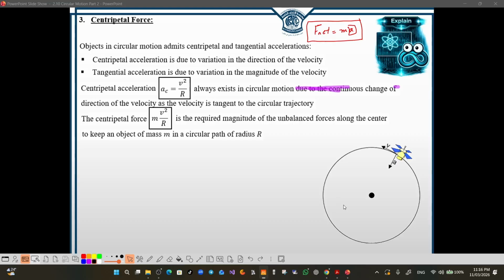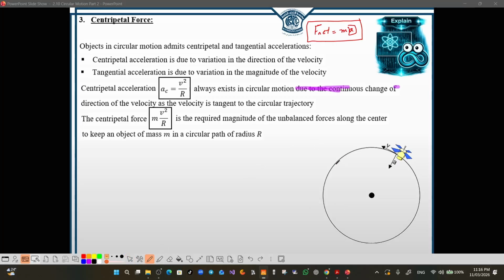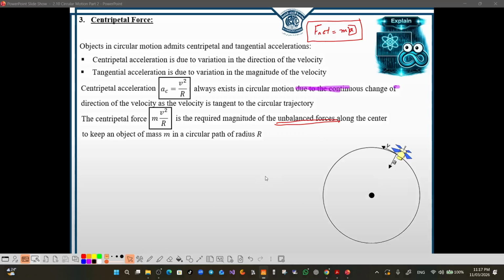And the answer is yes. This force is promoted to be the centripetal force, and this force is a collection. It can be a collection of forces, and these forces are unbalanced. This is the relation between these forces. So it can be one force, it can be more than one force, but the thing is, this force should always be directed toward the center in uniform circular motion.